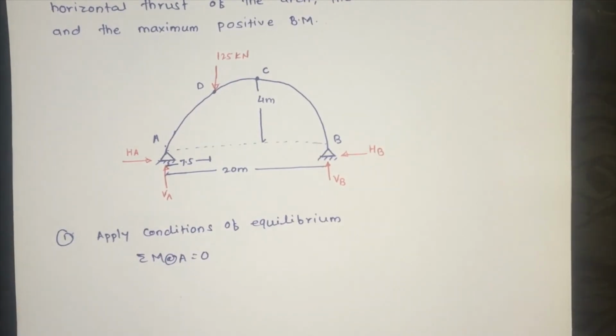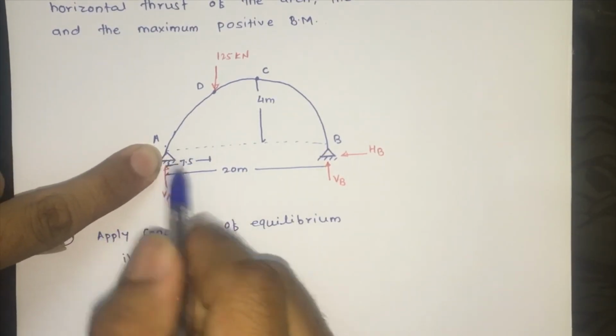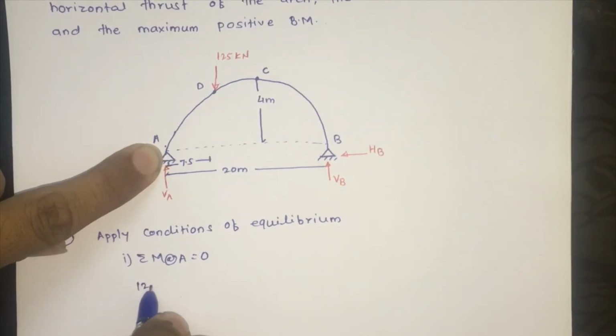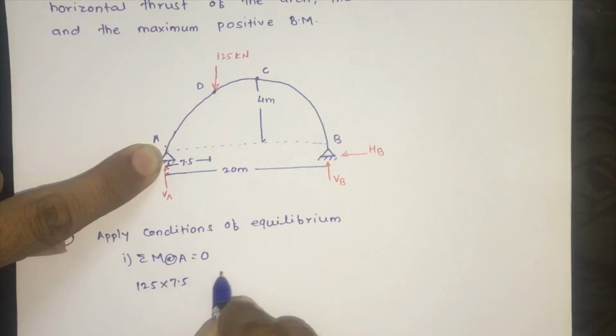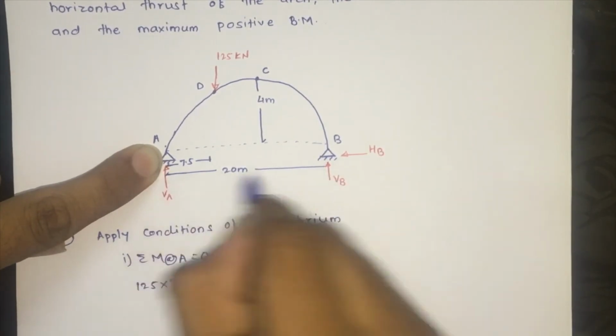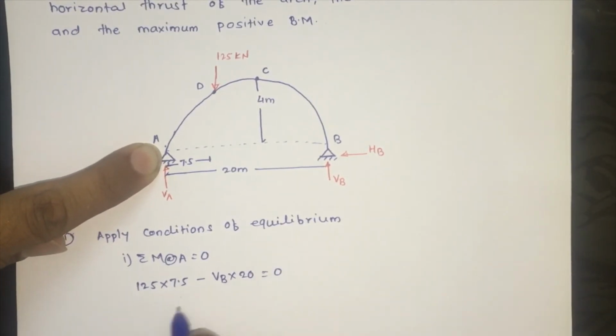Okay, first I apply this condition. Moment at A is equal to 0. Okay, so take the moment about this point. 125 into this distance 7.5 minus VB into 20 meter is equal to 0. So VB is equal to 46.87 kilonewton.